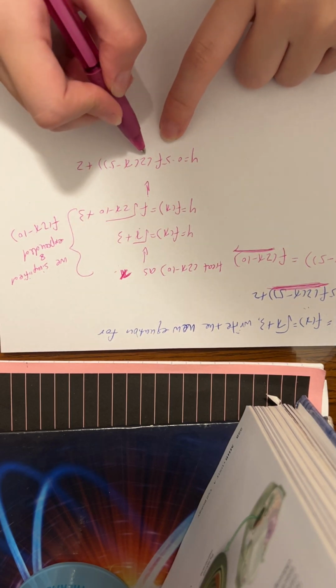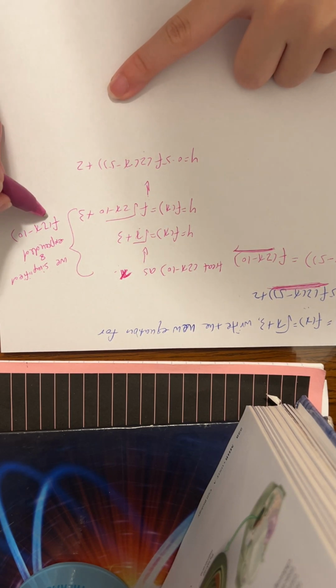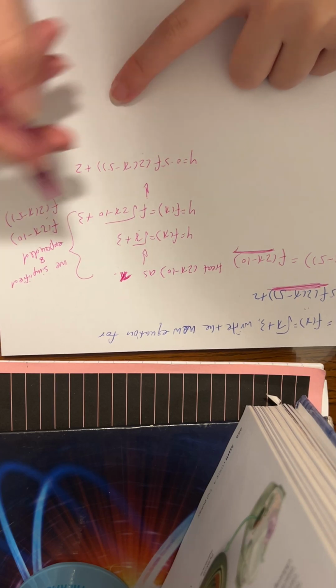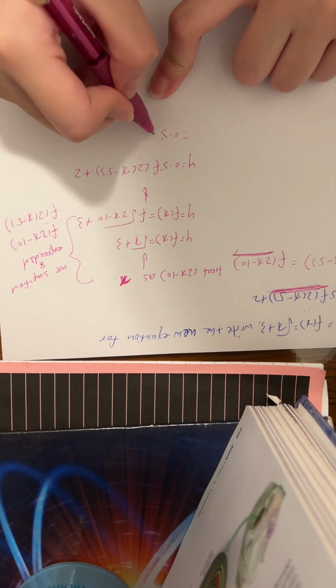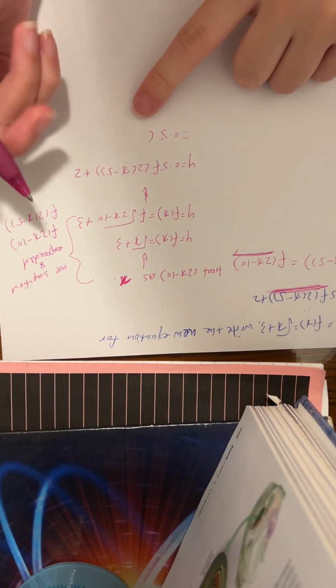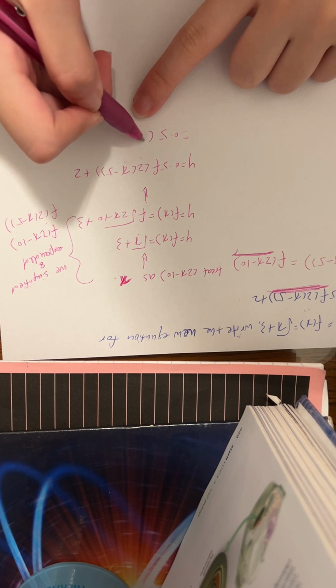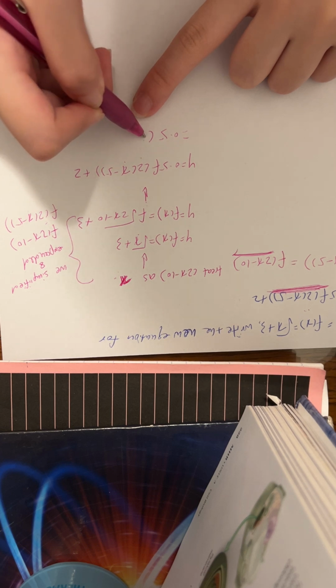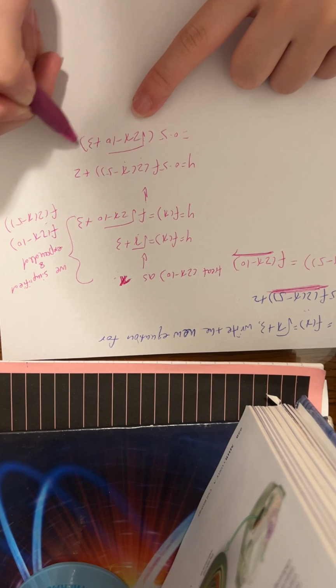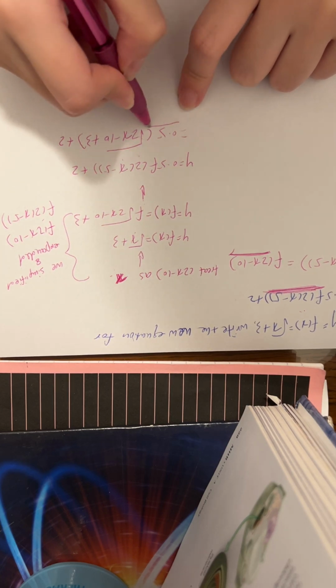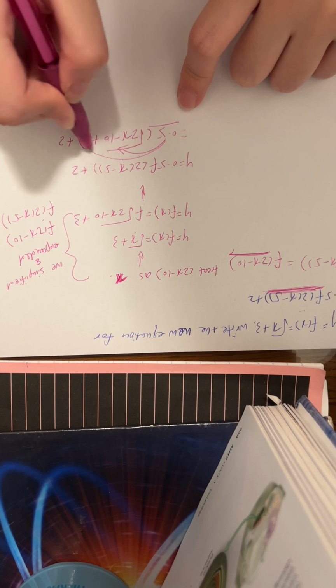This is basically f of 2x minus 5. Plug everything back in: 0.5, you can just ignore the f, there's nothing to do at this point. Square root of 2x minus 10 plus 3, plus 2. Then you put 0.5 into here and into here.